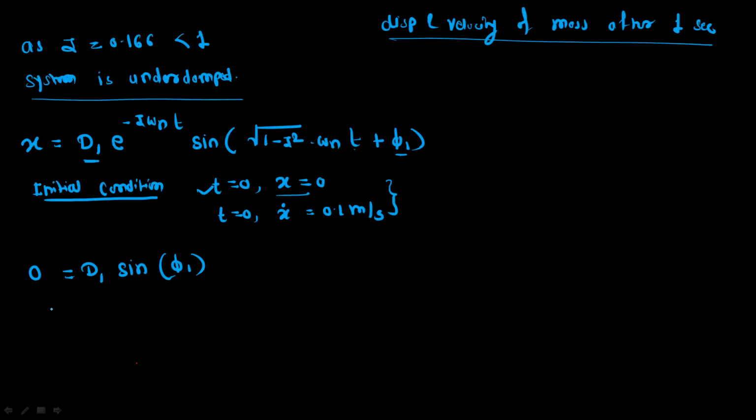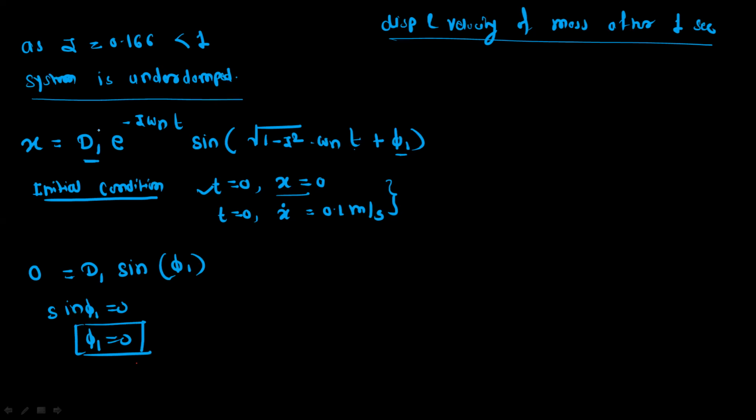So sine phi 1 is 0 and phi 1 is equal to 0, since sine inverse 0 is 0. So this is the first constant, phi 1.